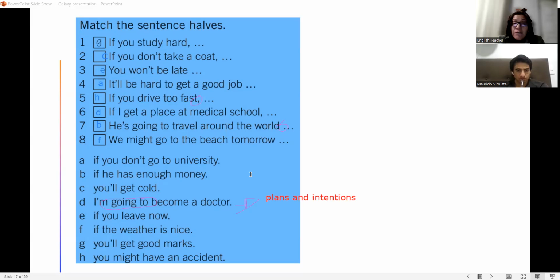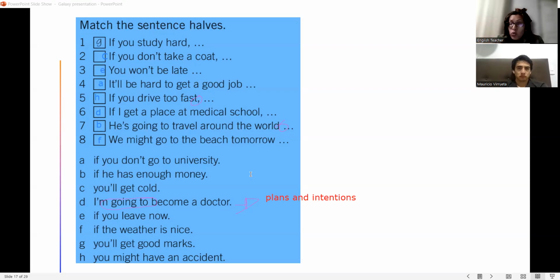It says, if I get a place at medical school, I am going to become a doctor. I am using going to because I want to tell you that it is my plan, my intention to become a doctor. That doesn't mean that it's going to happen right now. But generally we use will.